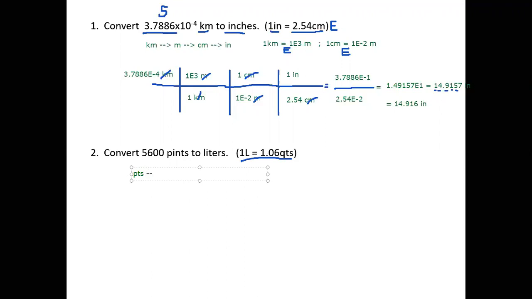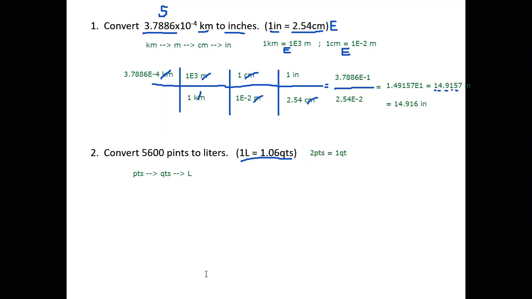So from pints, we can get to quarts, and from quarts, we can get to liters. So the only additional conversion factor that we need is to know how many pints in a quart, and that's 2 pints equals 1 quart.